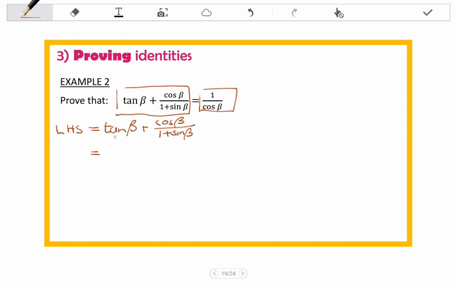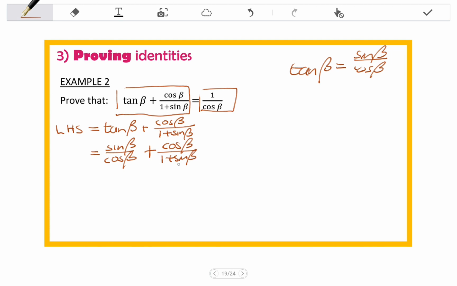Now, the only way I can get rid of it is if I replace it with something that it is equal to. Now, tan beta is the quotient identity. Tan beta is equal to sine beta over cos beta. So I'm going to replace tan beta with that. So it's sine beta over cos beta plus cos beta over 1 plus sine beta.